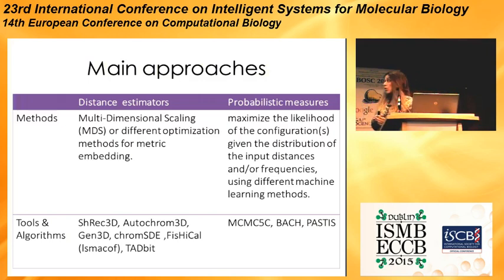If you take the other approach, you usually try to maximize the likelihood of the configuration given these probabilistic measures. As you see, there are already some tools available, and they differ in the specific machine learning method that they use, but they can basically be categorized into these two classes.